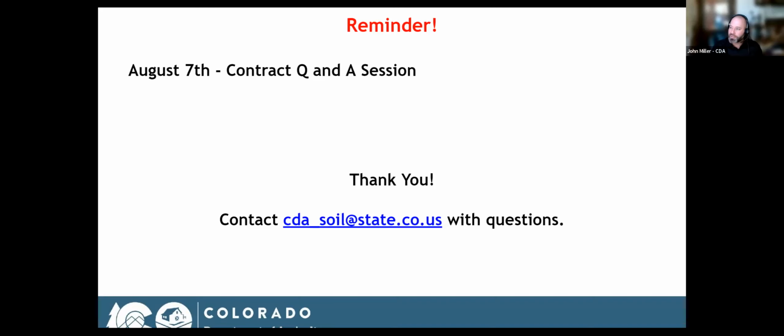And then Neva says, can you send out a list of the practices? There will be a list of all the approved practices in the grant guidelines, which ones are on the exempt list and which ones are on the non-exempt list. Those grant guidelines will come with your contract and they'll be in there.